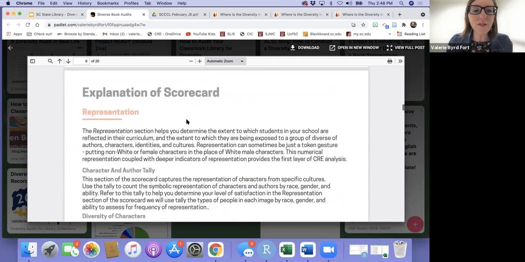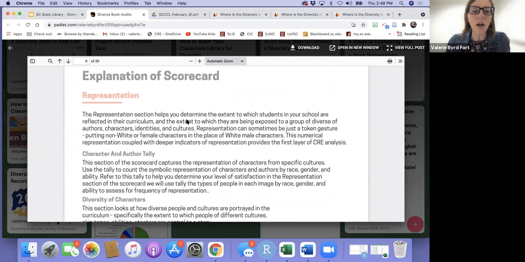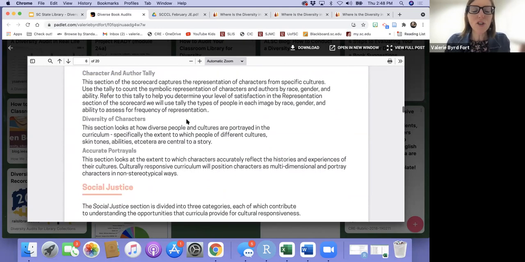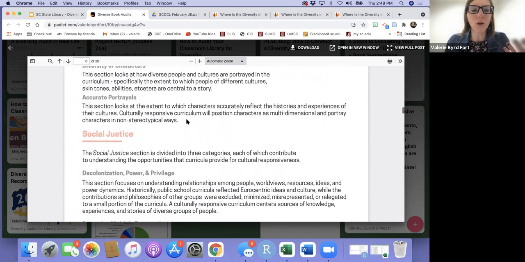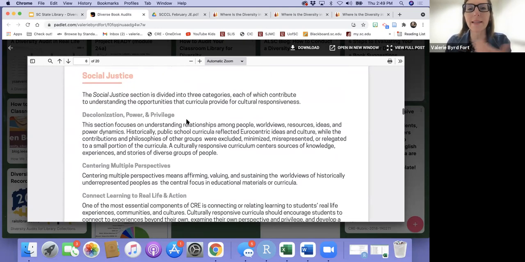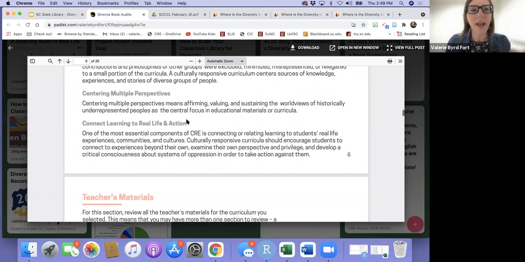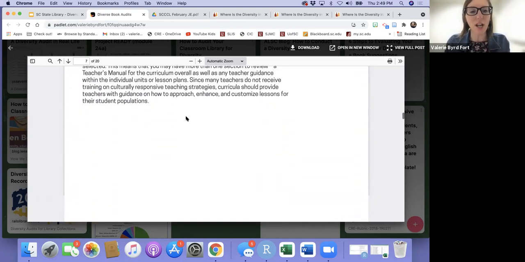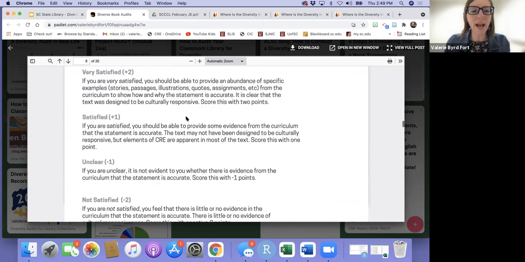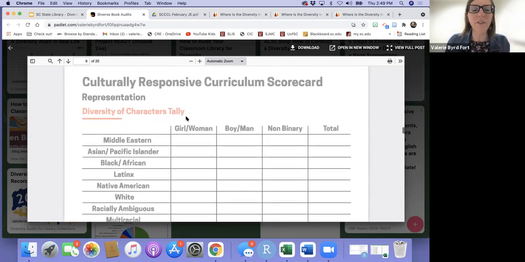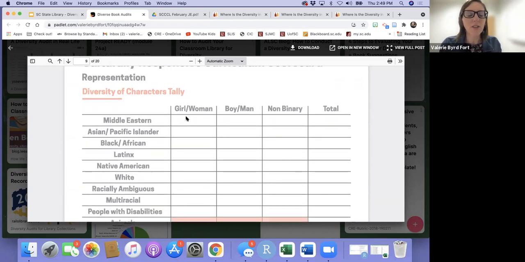It gives you a scorecard and a tally to rate the curriculum and see what is missing, what's covered, and what's not covered. All of this is explanation, and I'm going to go down to the scorecard itself. But I think this is a really good start.